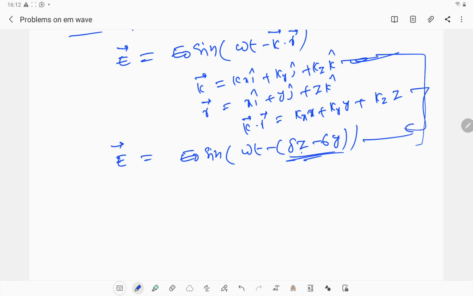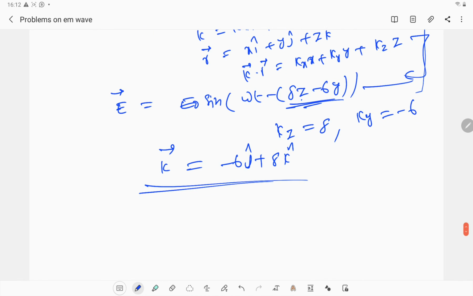Here z component is 8, therefore kz is equal to 8. Y component ky is equal to minus 6. From this, k bar is equal to minus 6 j cap plus 8 k cap.